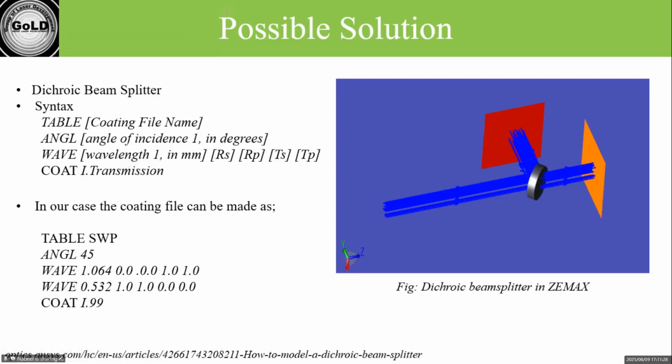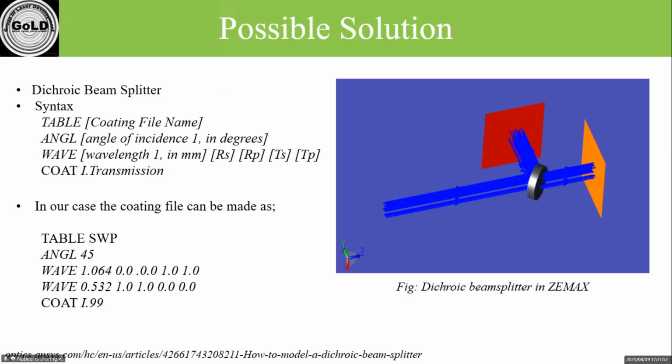As you can see, I have mentioned that in our case the incident wavelength is 1064 nanometers, and we want to transmit the 1064 nanometers and reflect the 532 nanometers.